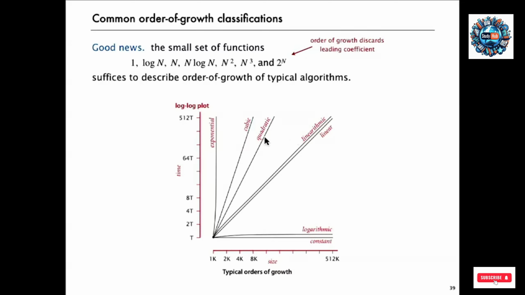As we talked about with union find, if it's quadratic, the running time grows much faster than the input size, and it's not feasible to use such an algorithm for large inputs. And cubic is even worse. So for many algorithms, our first task is simply to make sure it's not quadratic or cubic.